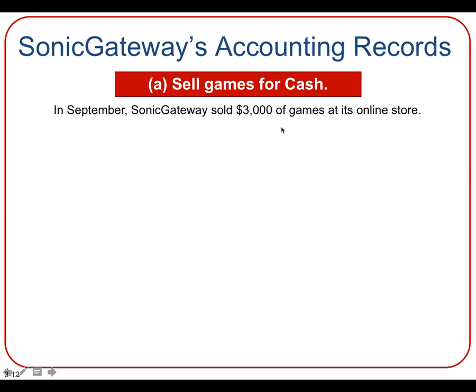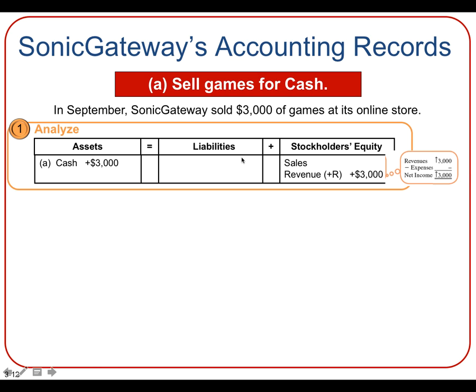You record your revenue. Revenue increased, right? What else is increased? The cash account is also increased because you sold it for cash. You have $3,000 of cash just coming into the company. So in your basic accounting equation, there are two effects. One effect is an increase to your assets.